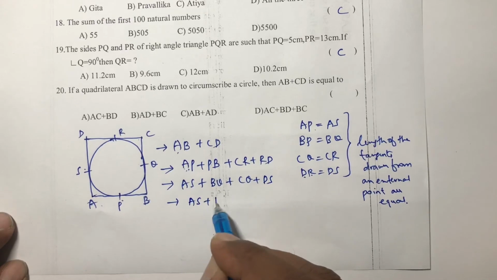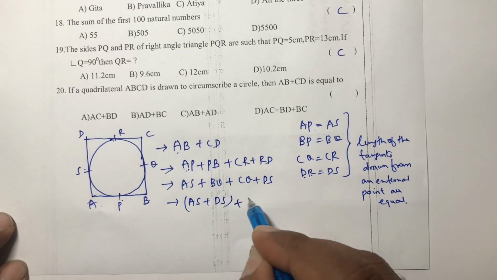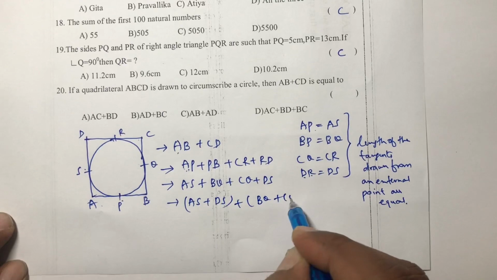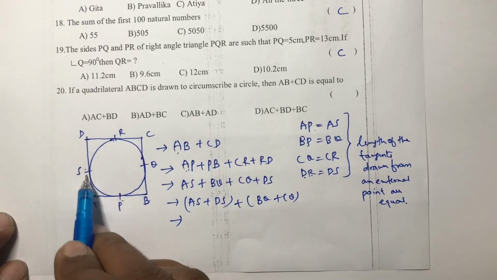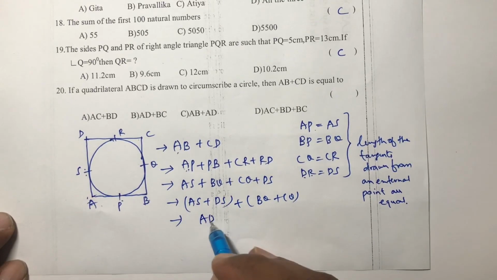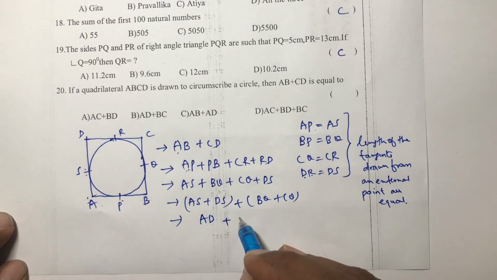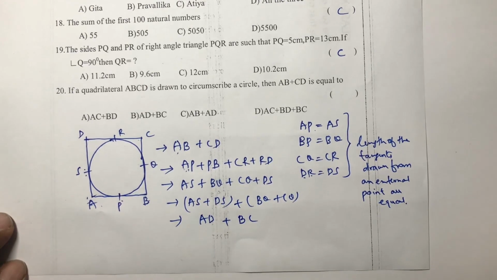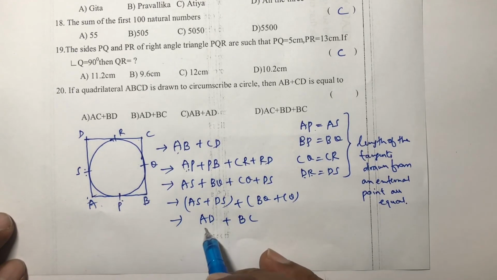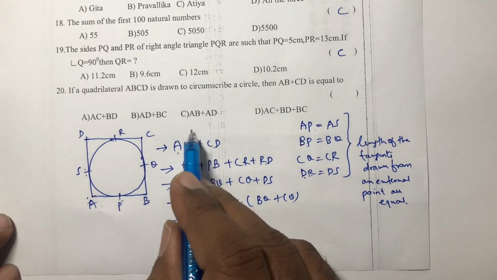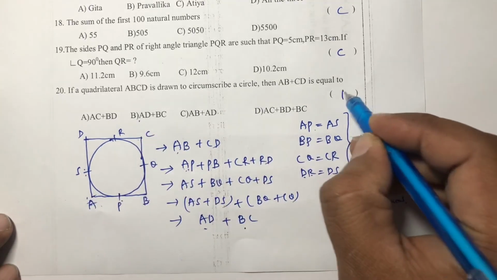Now AS plus DS, BQ plus CQ. AS plus DS is AD, BQ plus CQ is BC. So the correct option is AD plus BC, which is nothing but B. Correct option is B.